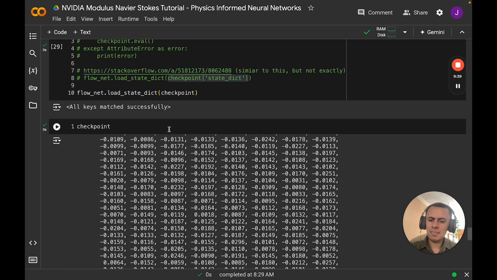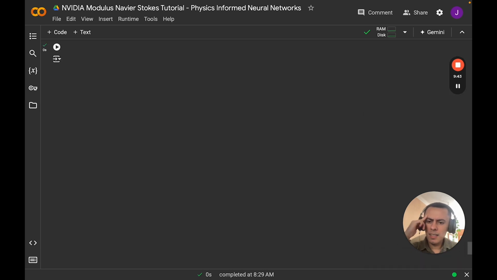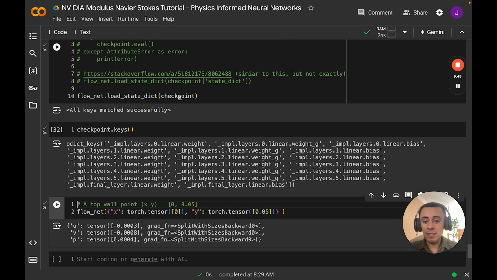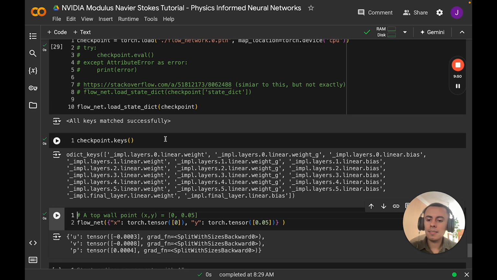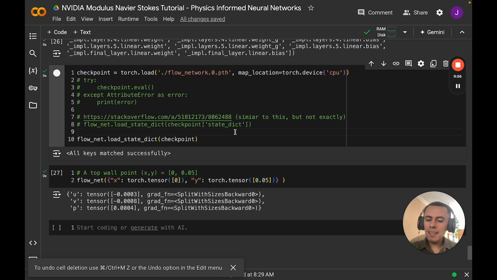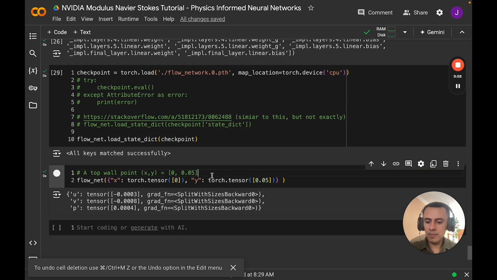But then I realized that the keys of this look like the weights. So I tried this out and I realized actually this is what it is. These are the weights. We load the weights there. So that's the story of it. So I think that worked.